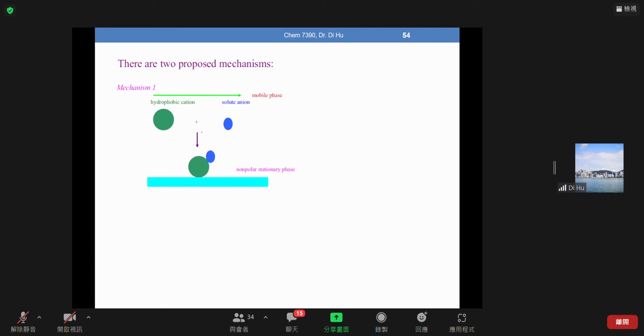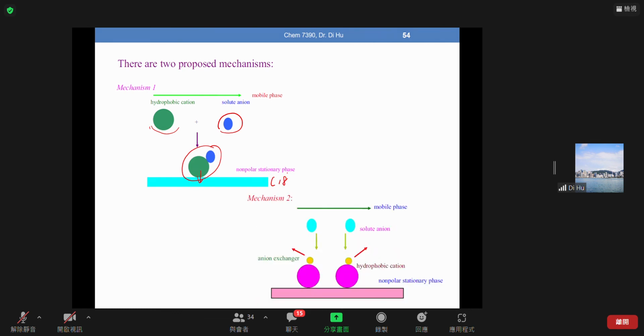Here, this is your solute ion, this is the target, and you have the ion pairing reagent, reacted in the mobile phase, and then this ion pair altogether, with the hydrophobic tail, can be retained by C18, for example. So this is one. So the second mechanism is what?